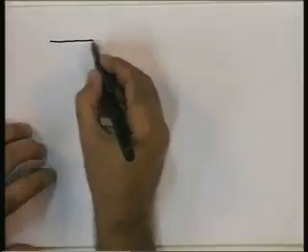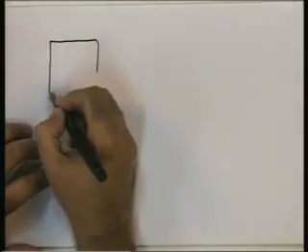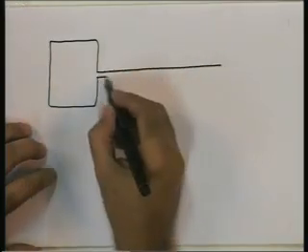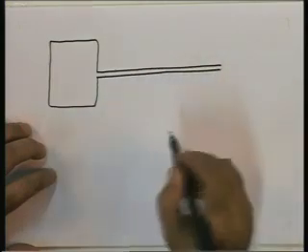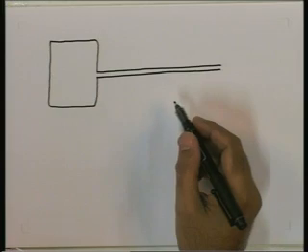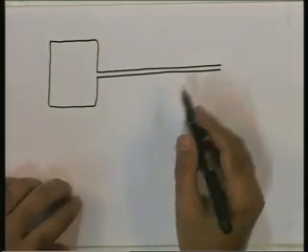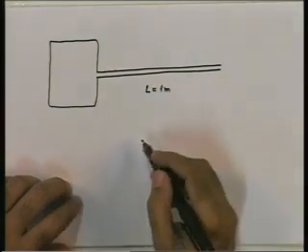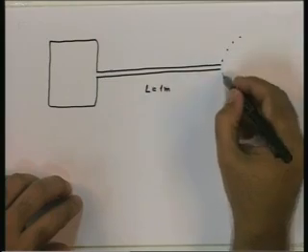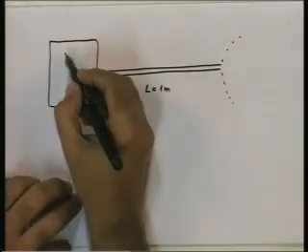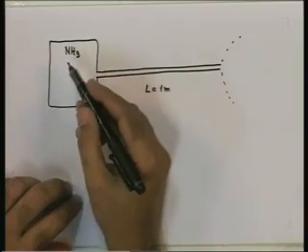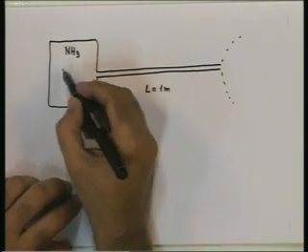Let us sketch the situation. We have a large ammonia tank. And it is connected to the atmosphere through a 1 meter long tube. So, L equals 1 meter. So, the tank here is actually open to atmosphere. This contains ammonia. The pressure is 1 atmosphere.